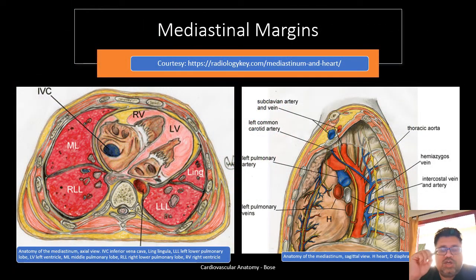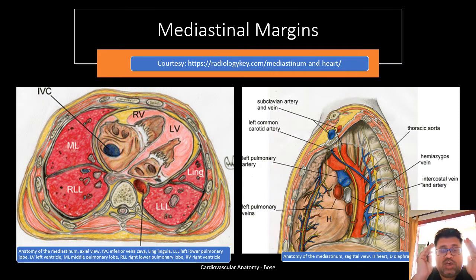The mediastinal margins are demonstrated in these two images. The upper margin of the mediastinum is a plane that goes from the first rib to the first dorsal vertebra. The inferior margin of the mediastinum is the diaphragm and is situated below the mediastinum.